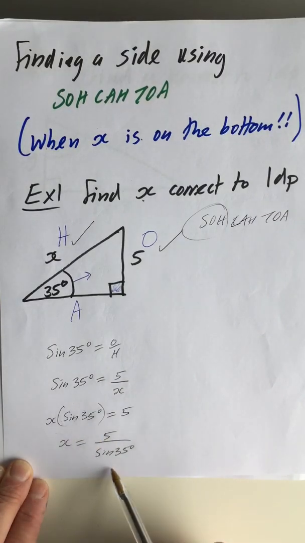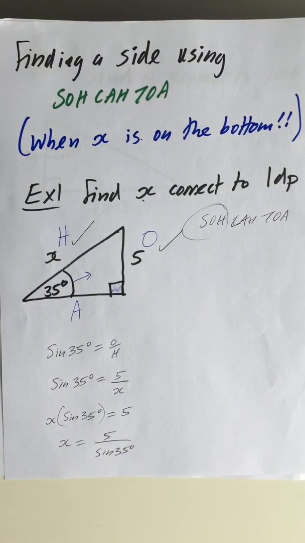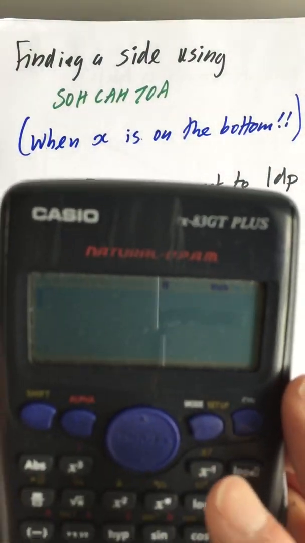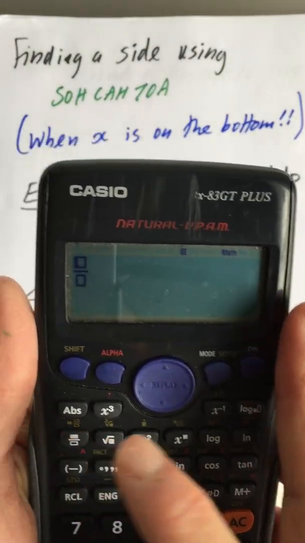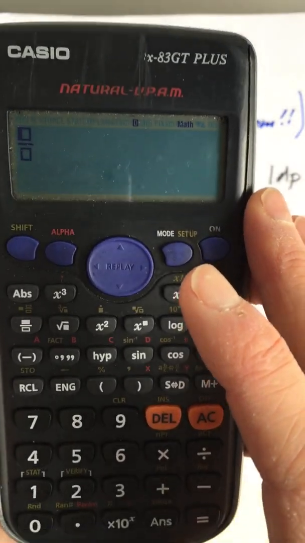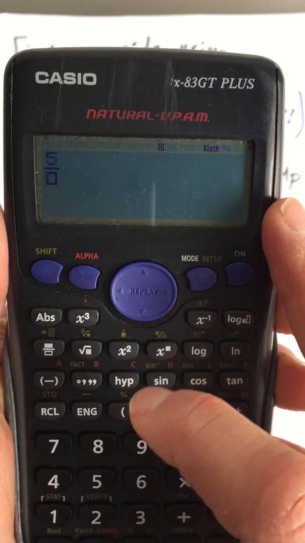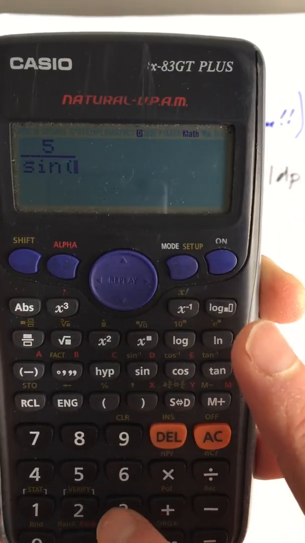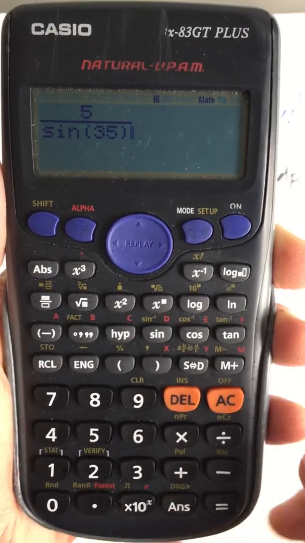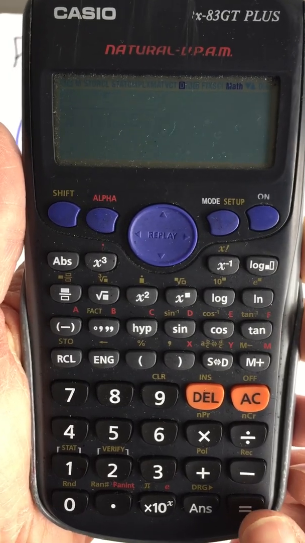And this we can type into our calculator. So I get my calculator, and the first thing I do is press the fraction key. On the top I type 5, and I arrow down, and I type in sine 35 and close that little bracket. Then I press equals.